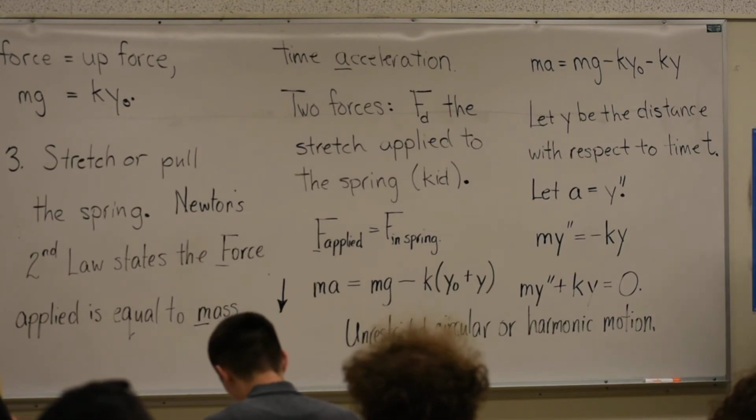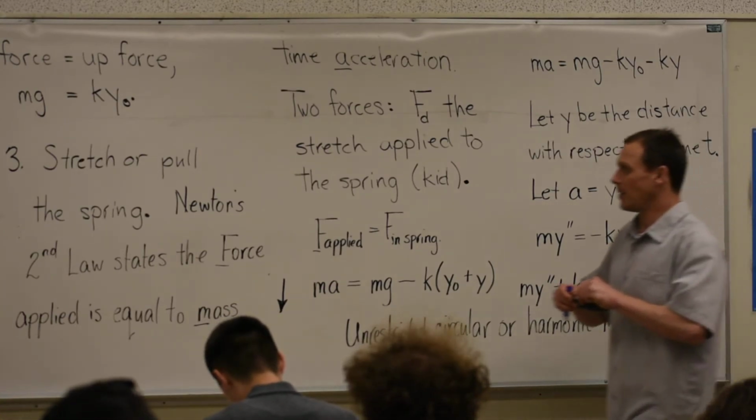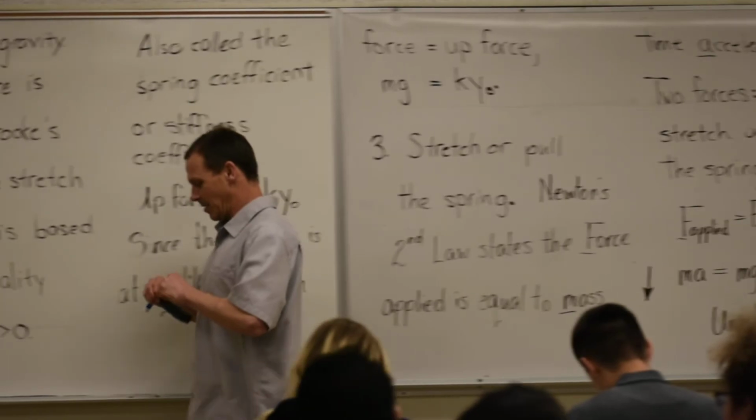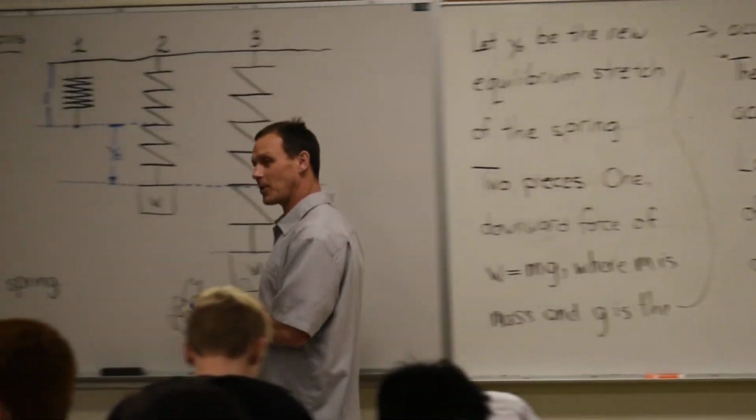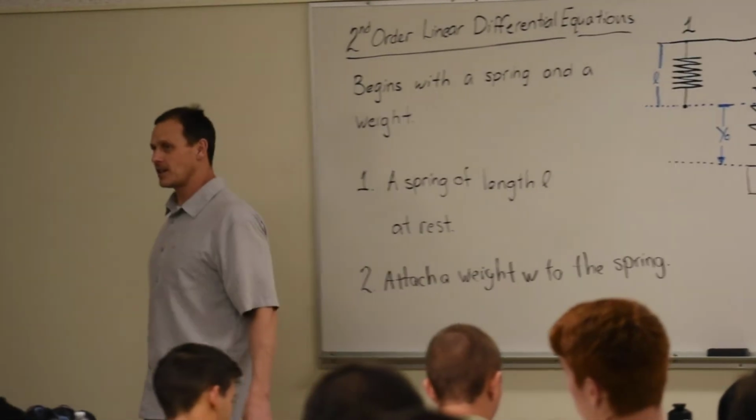There we go. I'm going to have to come all the way back here. What we're going to do the rest of today is we're going to study that equation.